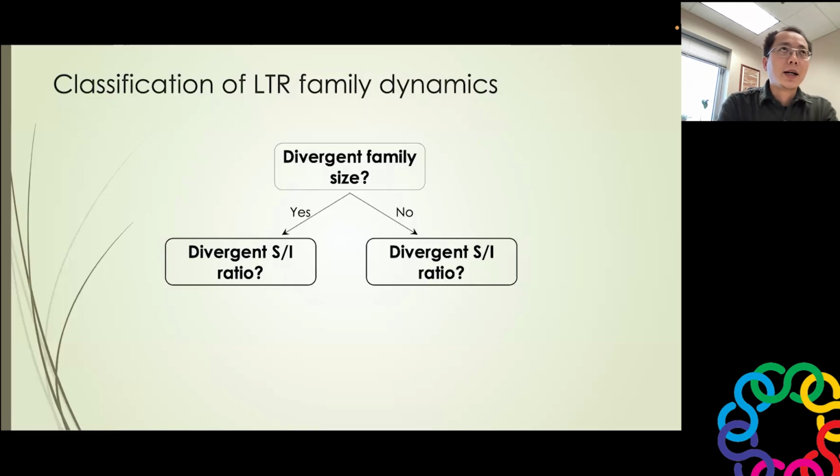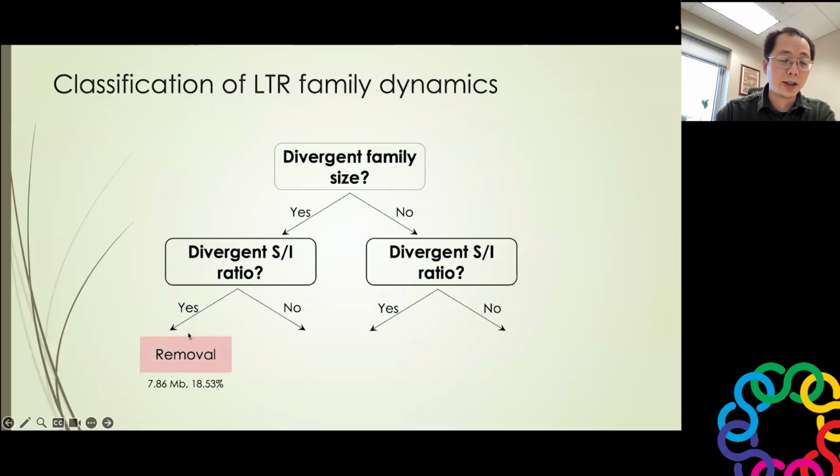We have a sample size of 10 and 12, so I think that will give us enough statistical power to tell the difference. And if the removal dynamic is significantly different, we can tell this family is a family under removal, driven by the removal dynamic.